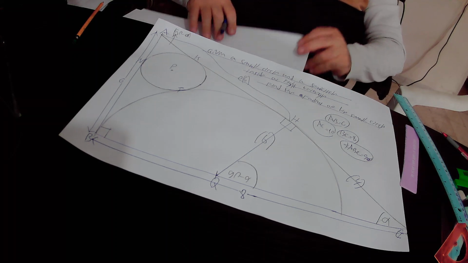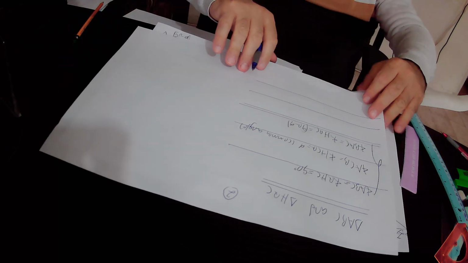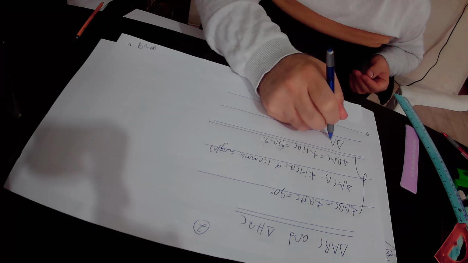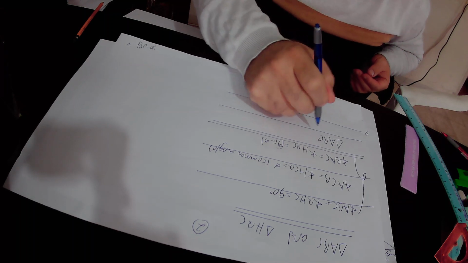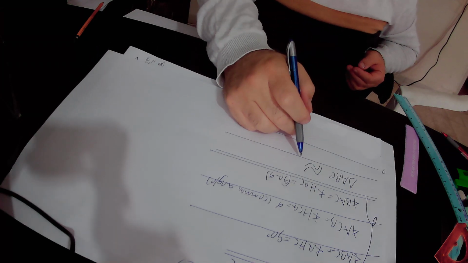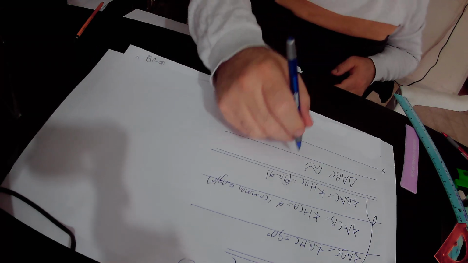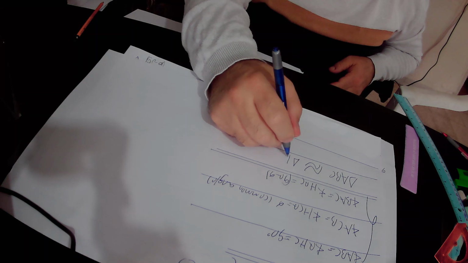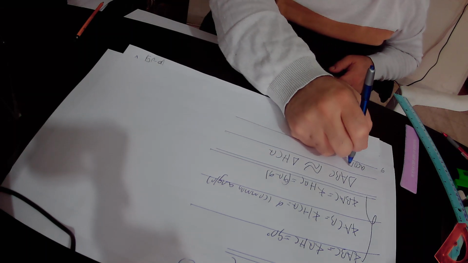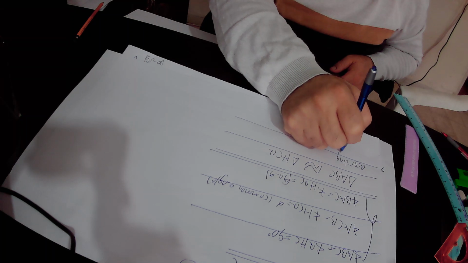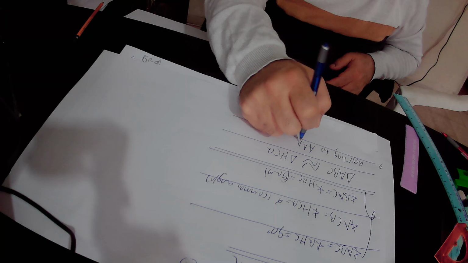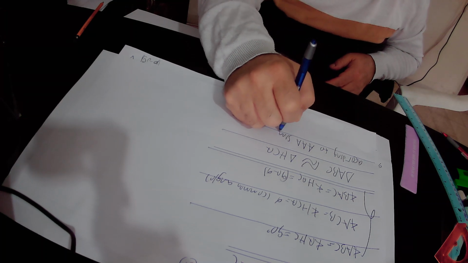So write it down: the big right triangle ABC is similar to the small right triangle HCQ according to the angle similarity rule.